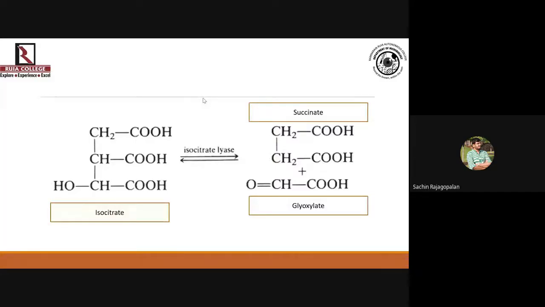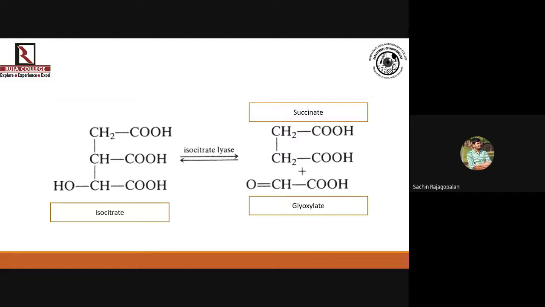Okay, so can someone tell me what was glyoxylate bypass? We discussed it yesterday. What was the purpose of doing that? Sir, glyoxylate was further used for other amino acid and other molecules production.